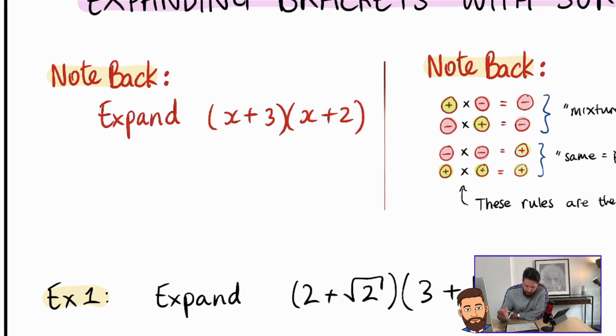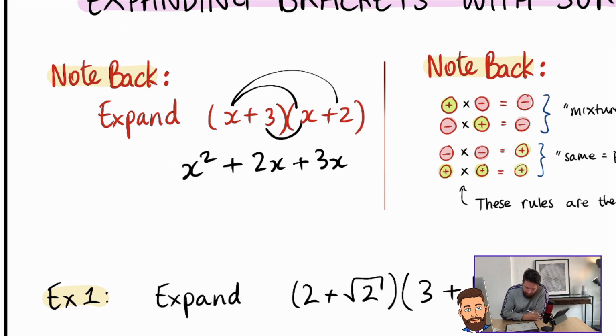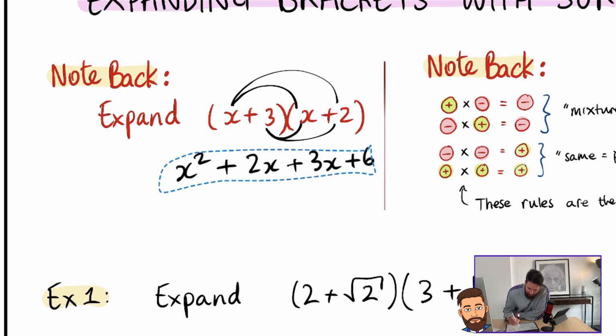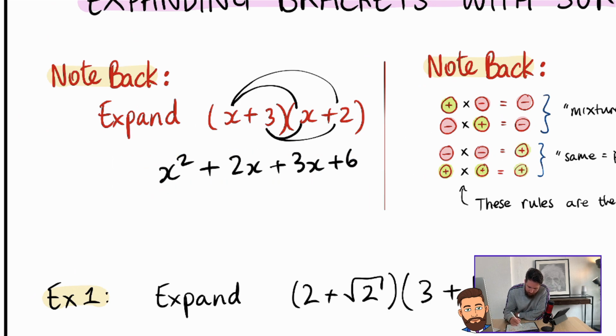So if we expand this bracket, we're going to do x times x is x squared. X times 2 is 2x. 3 times x is 3x. And then 3 times 2 is 6. Whenever you expand out brackets, you will generally have things that need to be simplified. So here you can see 2x and 3x go together.